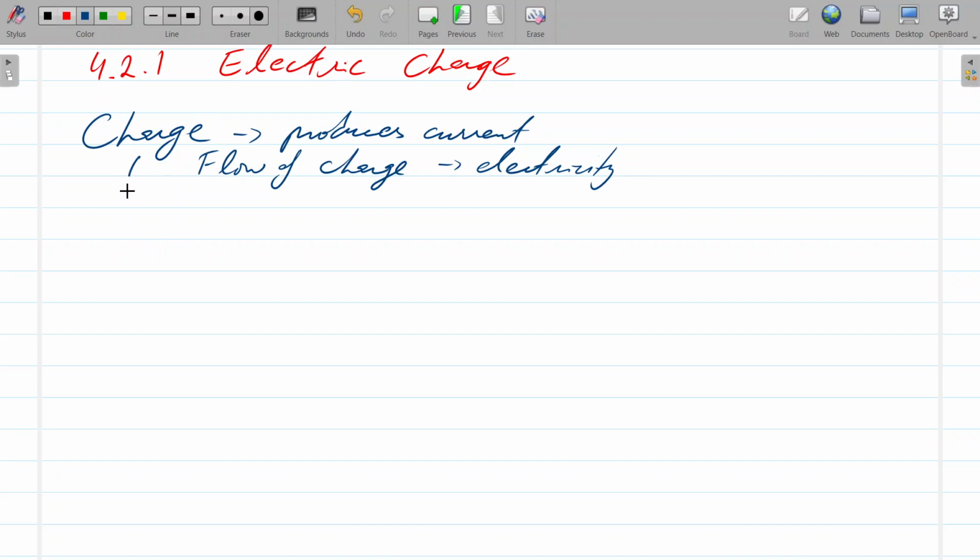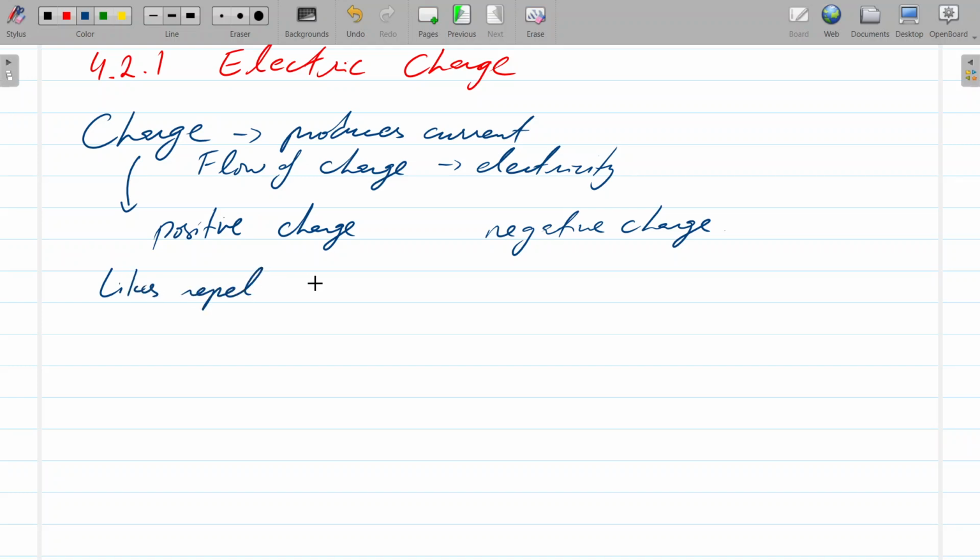Right? And so charges are of two types. There's a positive charge and negative charge. And as we talked about with magnets, let's just go with this: likes repel and opposites attract.